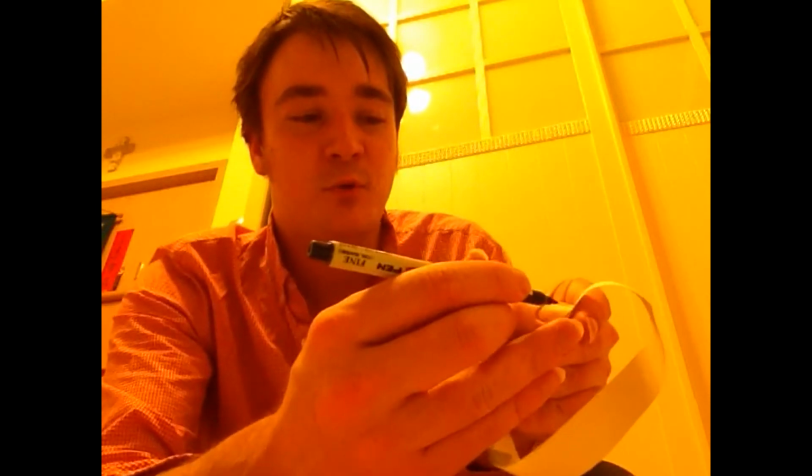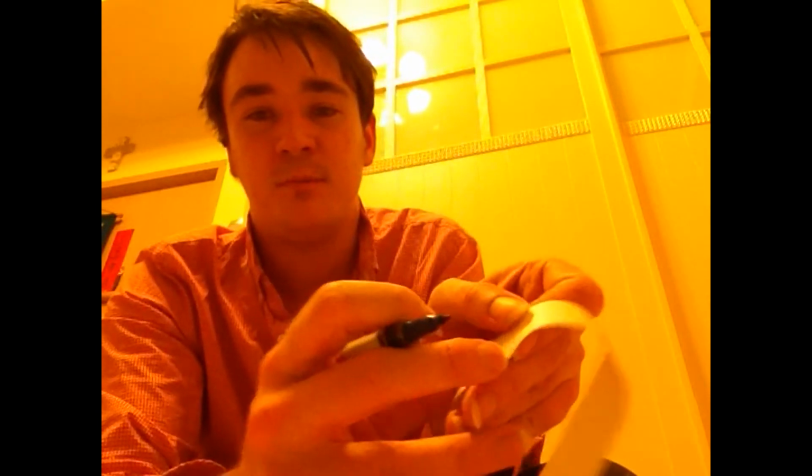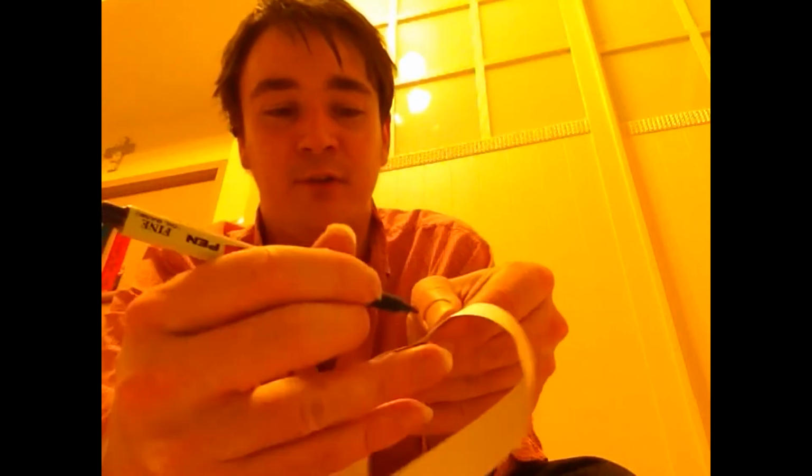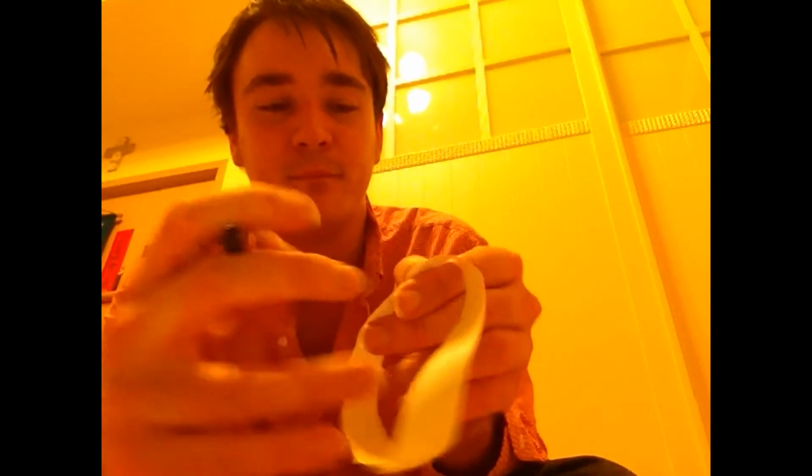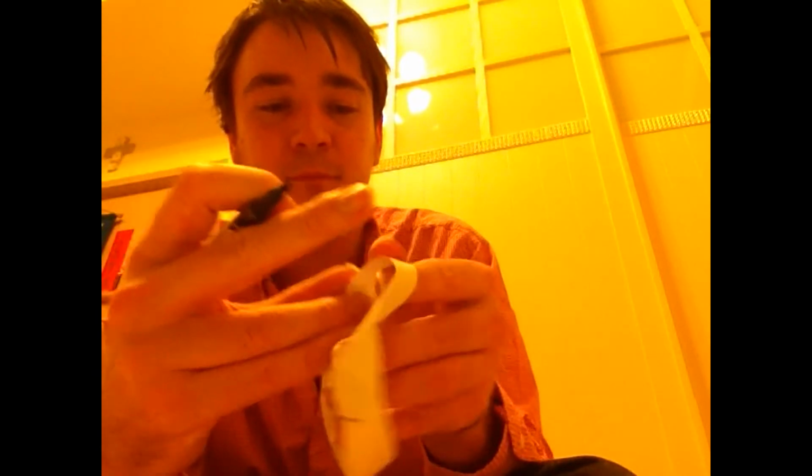So let me just give you a visual proof that it only has one edge. I'm just going to draw along this edge, colour it in, and you'll see that we've only got one. If we just carry on going, see, we just keep colouring along, trying to do this so it's still visible on the camera.